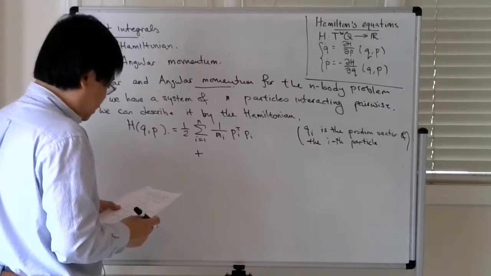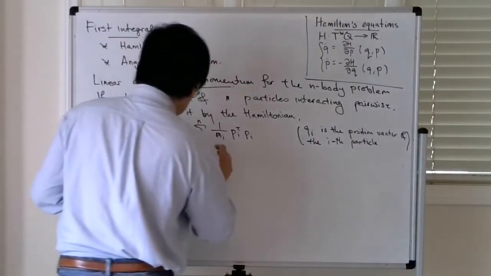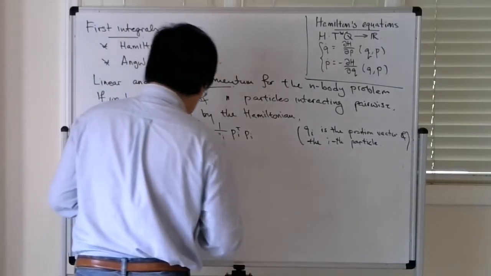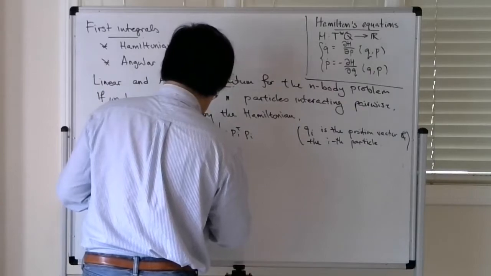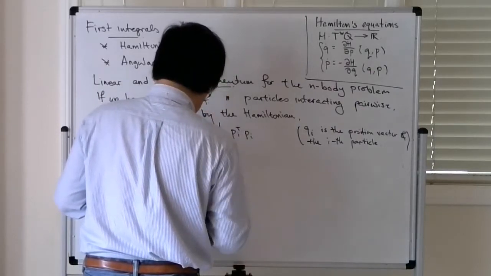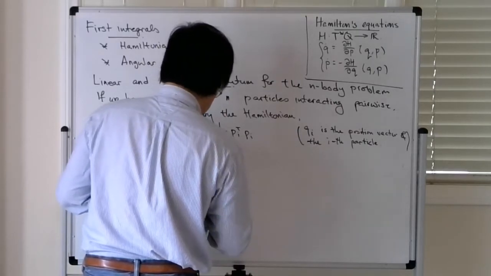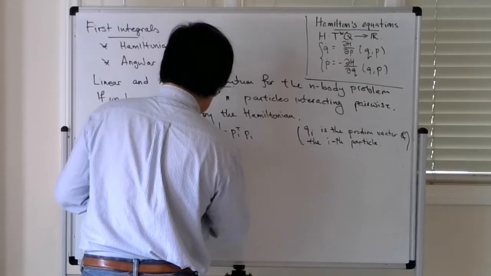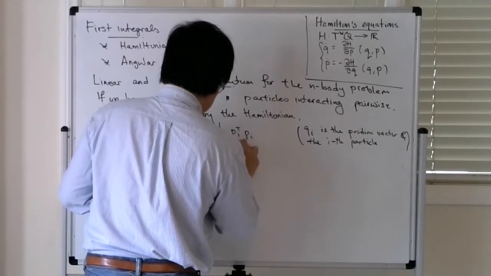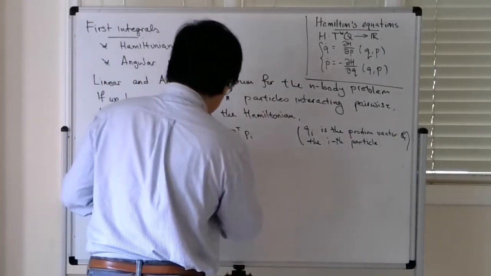Then you have a term which involves a mutual potential, so we have the sum over all pairwise interactions, with i equals 2 to n, sum from j equals 1 to i minus 1.